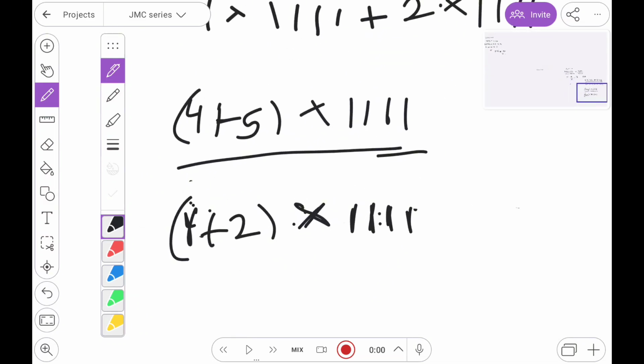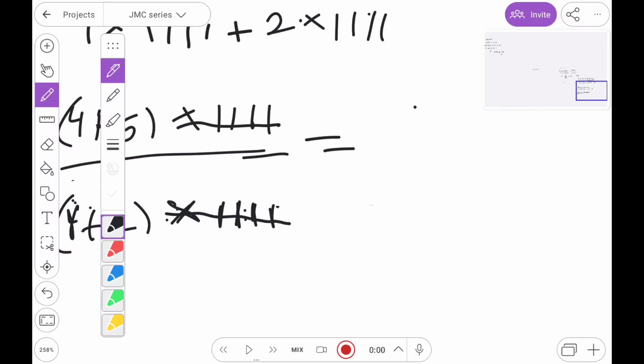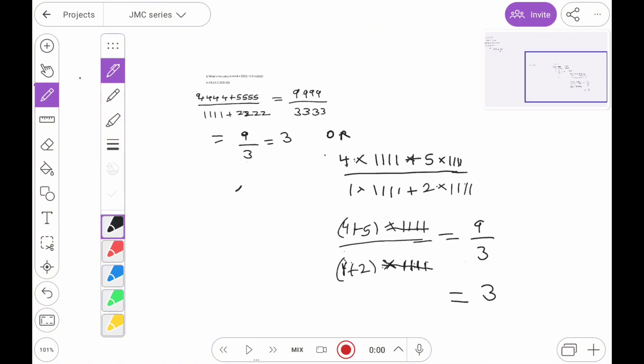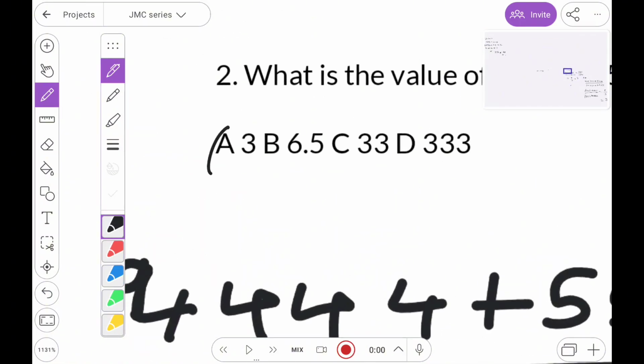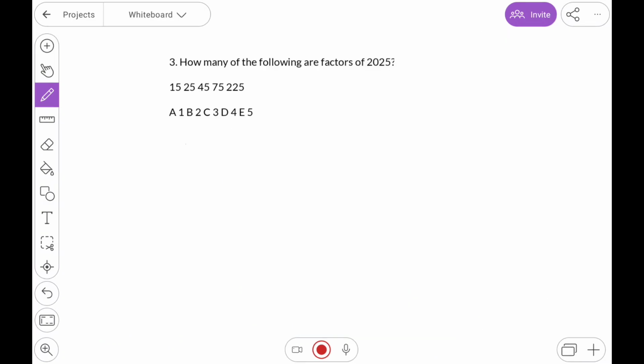But in this convoluted way, we are going to cancel out the two 1,111s, and we get 4 plus 5, 9, divided by 3, which we know is 3. 2 very different ways of getting the exact same answer. You know the gist of it by now. 3 seconds starting now.